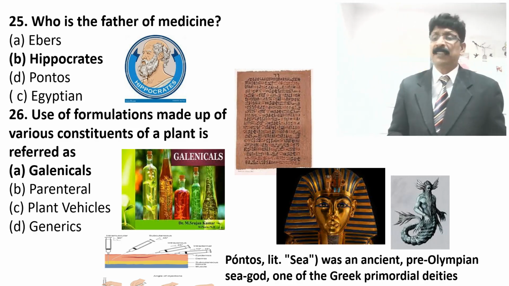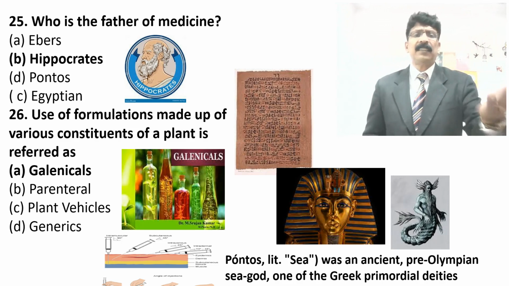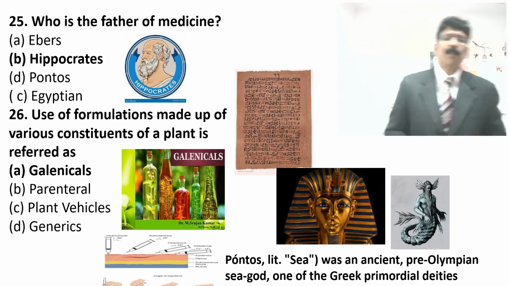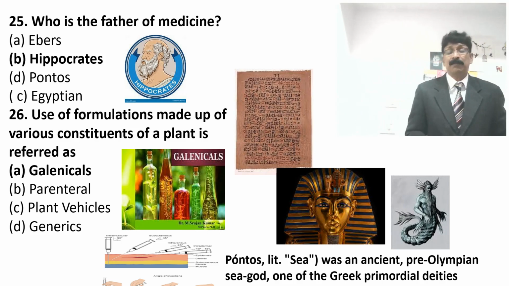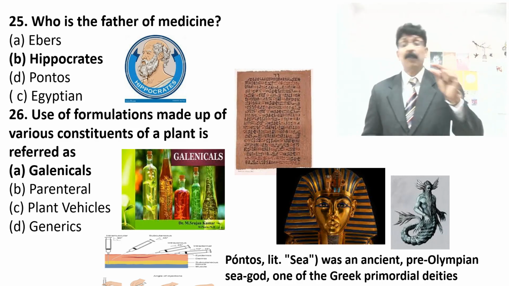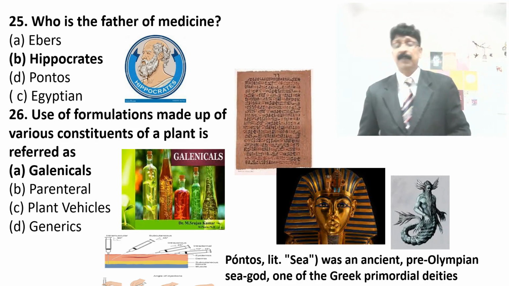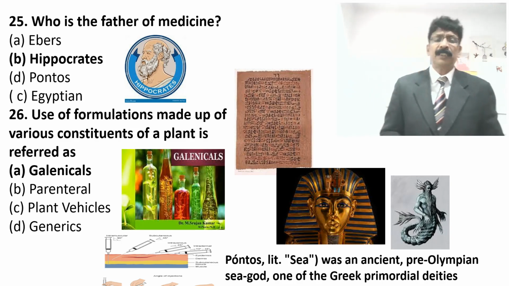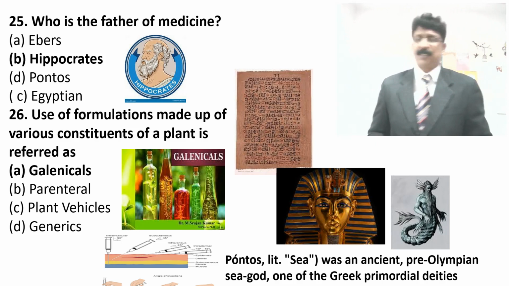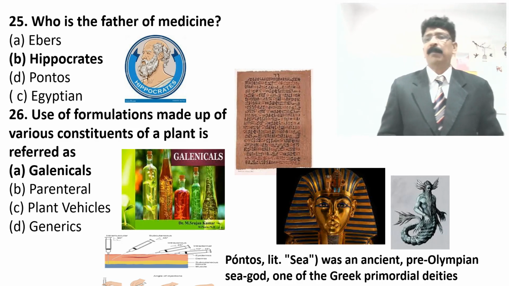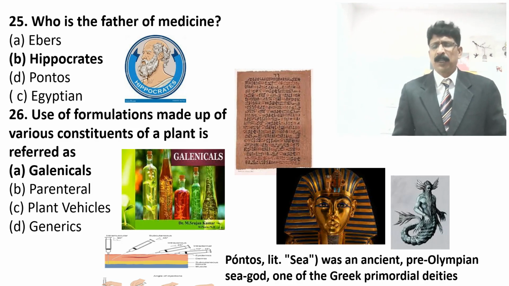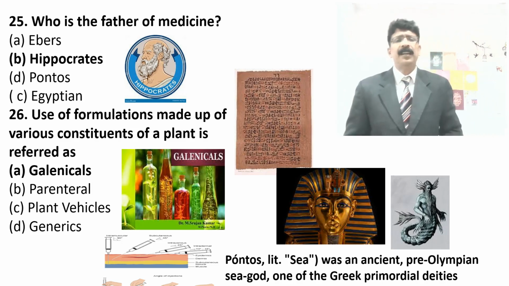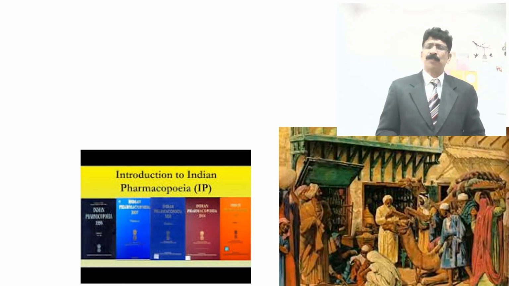Generics means generic drugs; it does not have any impact with formulation of various constituents of plants. Generics means synthetic drugs, whose names they give directly, so that is not a plant constituent formulation. So you can say galenicals, which were prepared especially by Avicenna, the Arab scientist; most of the time the contribution is from the Arabs.